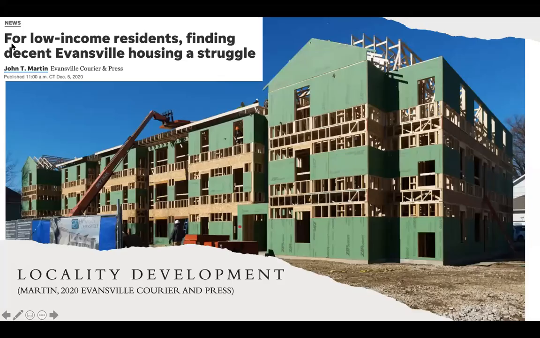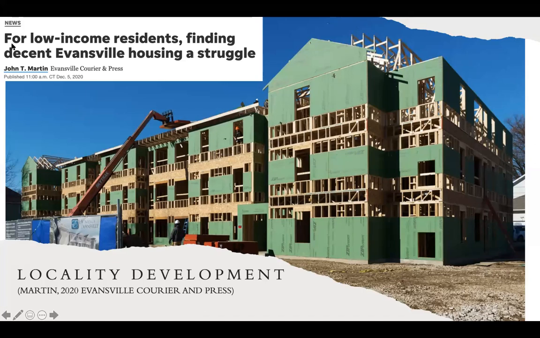For example, I found a news article from my college town in Evansville, Indiana. The article was talking about how community members in Evansville are having a hard time finding adequate, affordable housing.